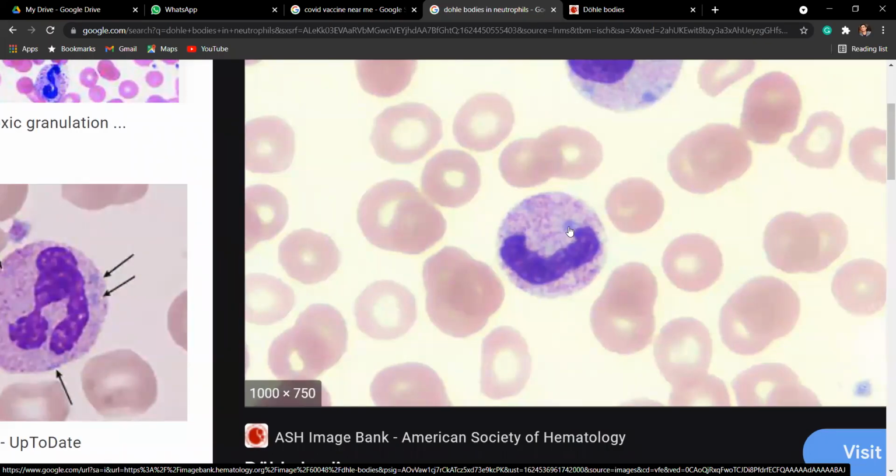See, these are the Dohle bodies, the basophilic bodies.